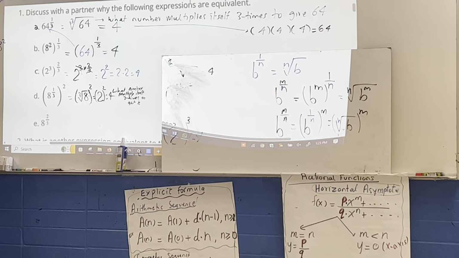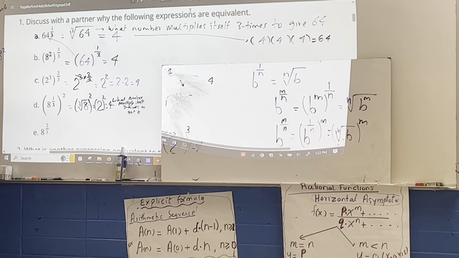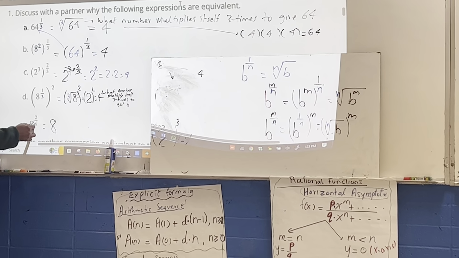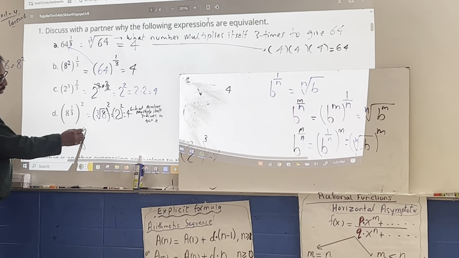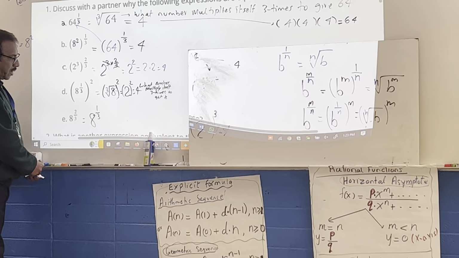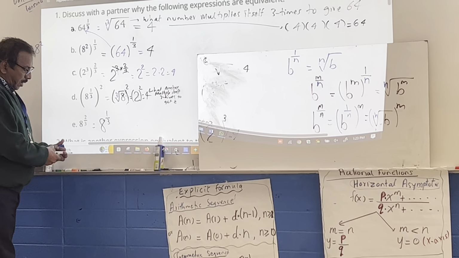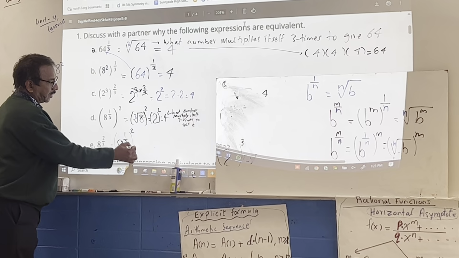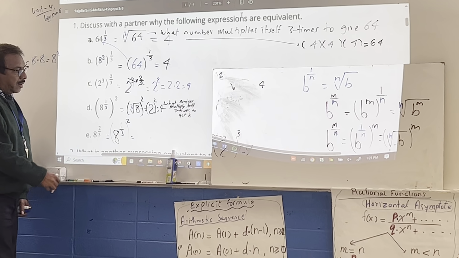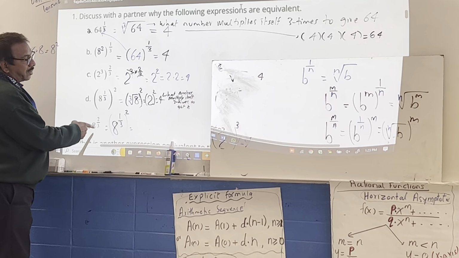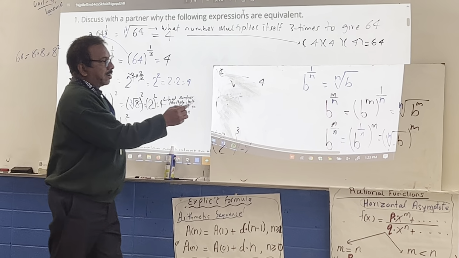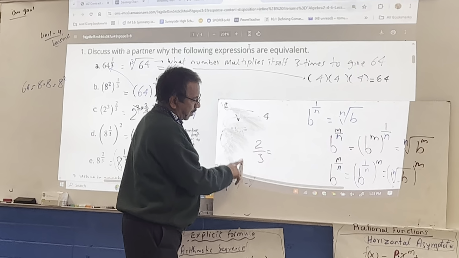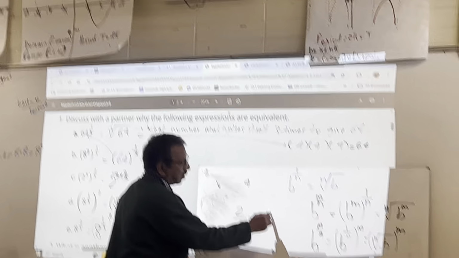The last one is 8 raised to 2/3. How can you write this? I'm breaking this fraction 2/3 as 1/3 inside, and raised to the power 2. Remember the trick: 2/3 is 2 times 1/3.